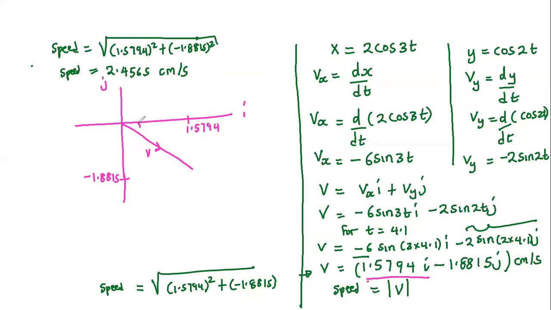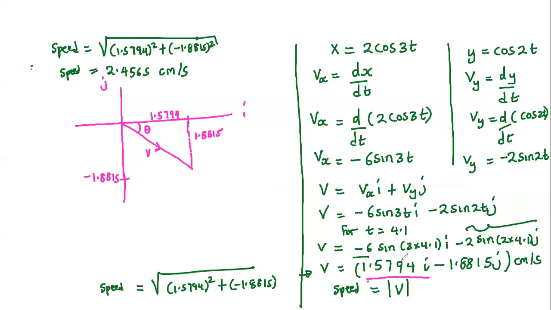Now, the angle you're going to obtain is the angle here. Hope you are noticing that. So to get this angle, here you have 1.5794. Here vertically, you are going to allow me to remove this now because I've showed you already. Here you have your 1.8815. Why?